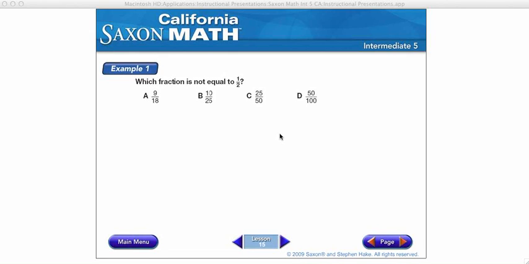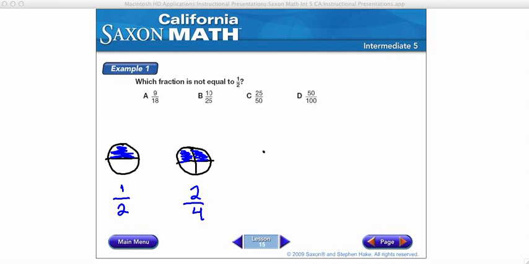Okay, so we all know that when we have our fractions, we can cut fractions in half. We can cut it in half and have a half. We can have 2/4, which is equivalent to 1/2. We can have 3/6, which is also equivalent to 1/2.